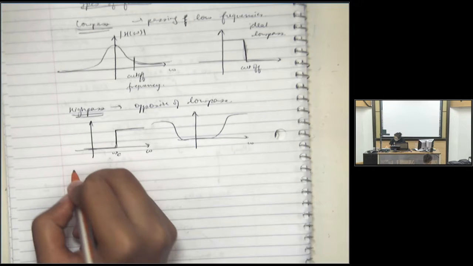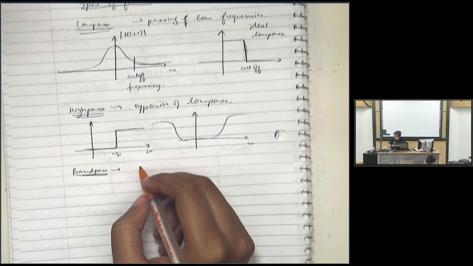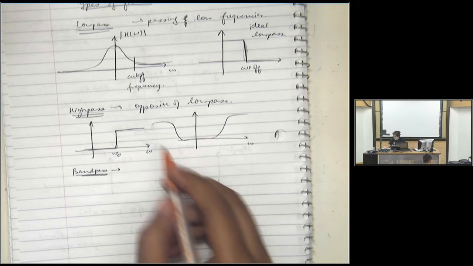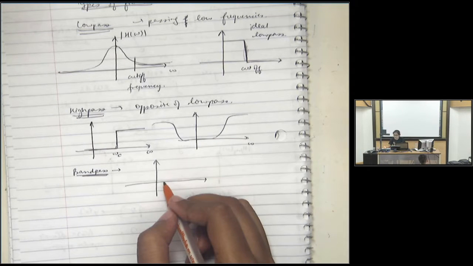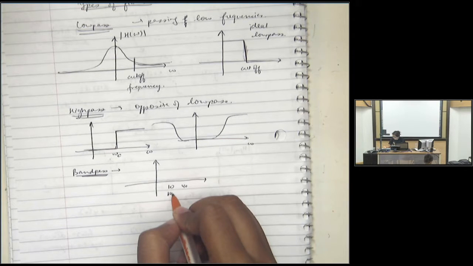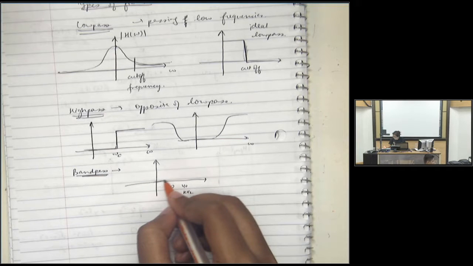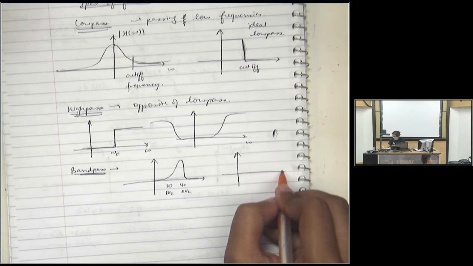Okay. Now, let's look at bandpass. Bandpass can be thought of as a combination of low pass and high pass. It only passes a specific band of frequency. So, let's say I only want to pass frequencies from 10 to 40 kilohertz, right? So my bandpass will look like this. My ideal bandpass will look like a rectangular pulse.